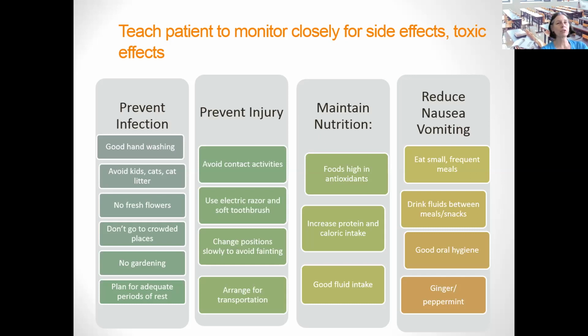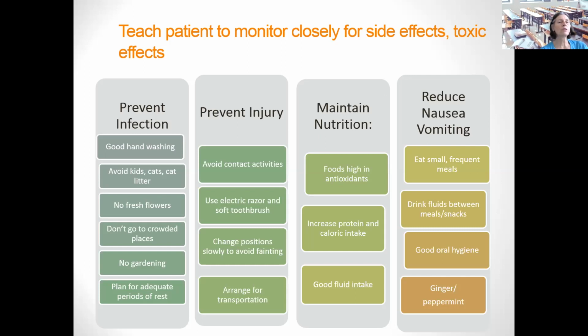You also don't want that person to get too little or too many calories. You don't want them to lose excessive weight, but we don't want obesity, because remember, obesity is a promoter of cancer. If they have it, it's just going to continue to encourage its growth. So healthy BMI is our target, and adequate fluid intake, which means 10 8-ounce glasses or more, so between 1.5 and 2 liters of liquid a day.